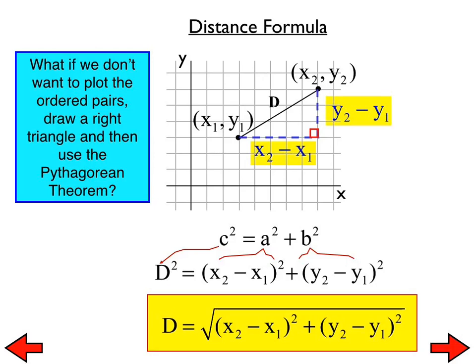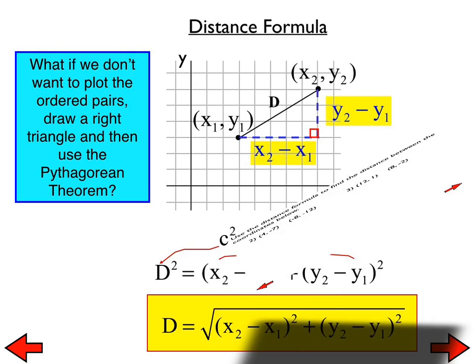So distance formula, once again, is the square root of the difference of the x's squared. And when we're using the Pythagorean Theorem, that's how we find this length, the difference from one end to another, plus the difference of the y's squared. And when we're using Pythagorean Theorem, that's what we do to find the length of that side, one point from another.